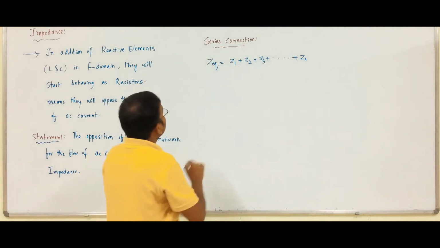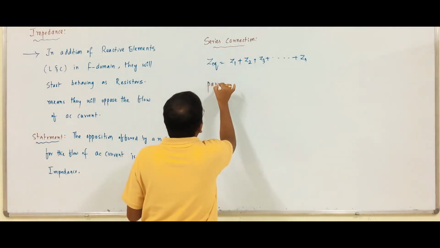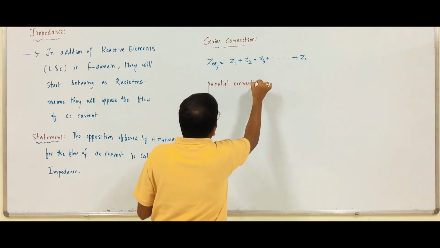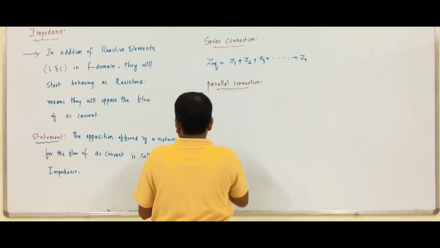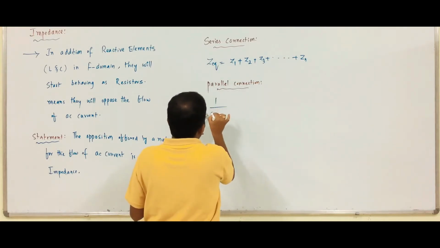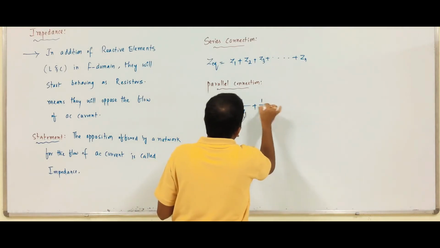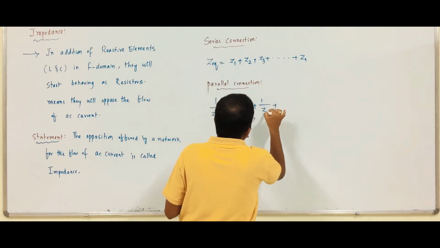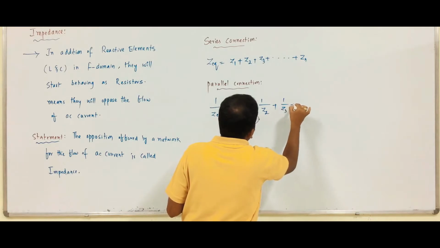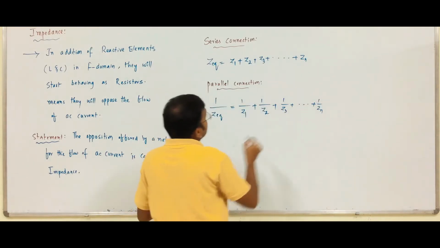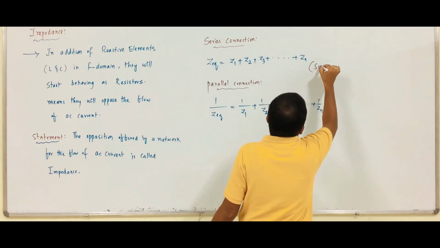Like that, the parallel connection: 1 by Z equivalent is equal to 1 by Z1 plus 1 by Z2 plus up to 1 by Zn.